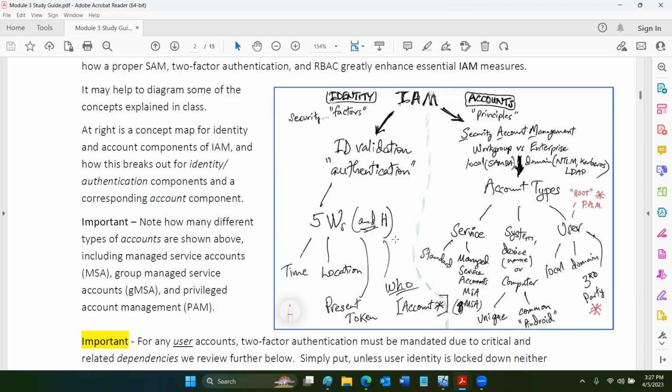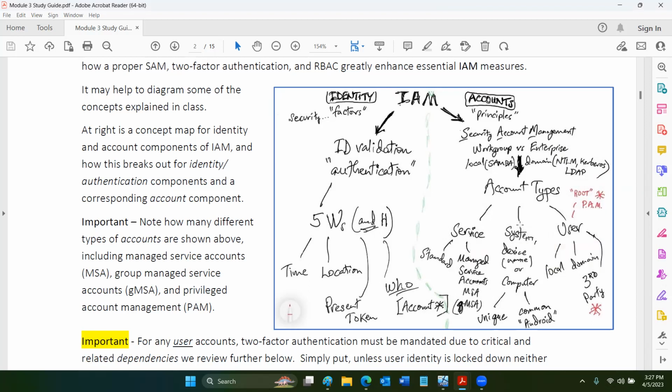And yes, this is kind of a refresher, but on the other side of this world are the accounts. Accounts are called security principals. Accounts are logical representations of the user or the system or the service.